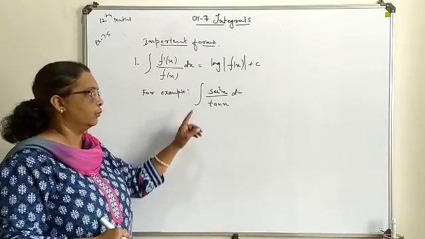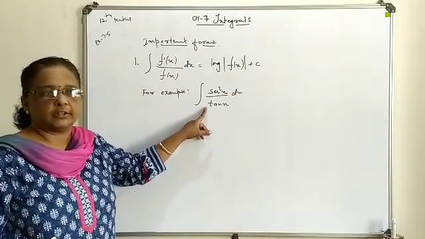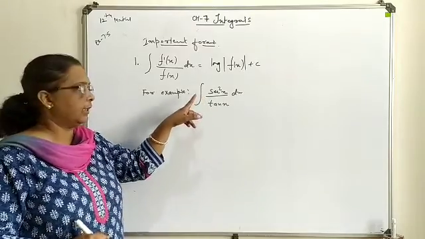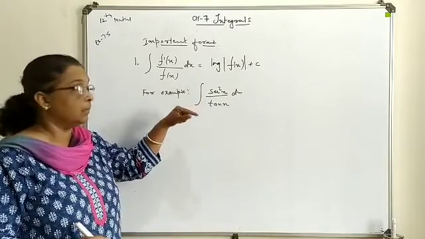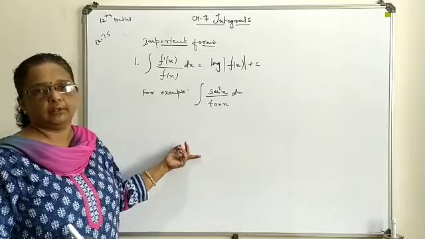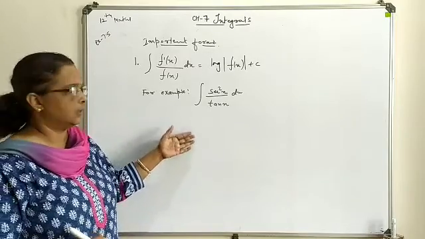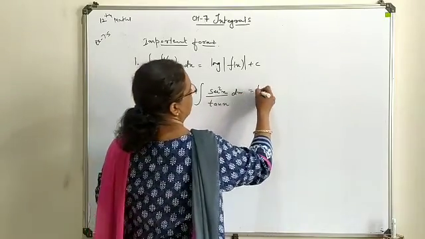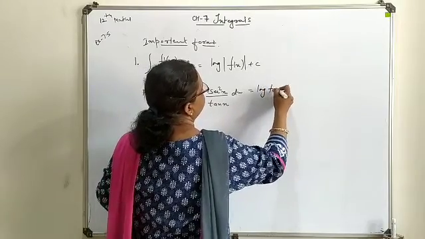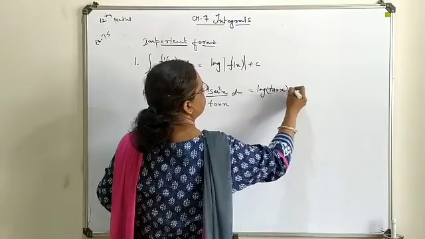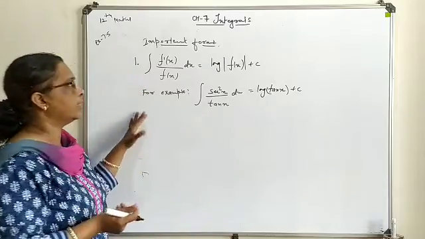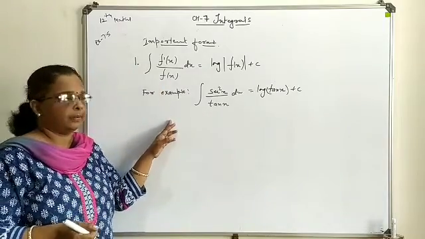We know the differentiation of tangent is sec square x. So we can link these two terms as a derived form. Without making any t assumption or anything else, its integration you can directly write as log of tan x. So this is the application of this type of combination.